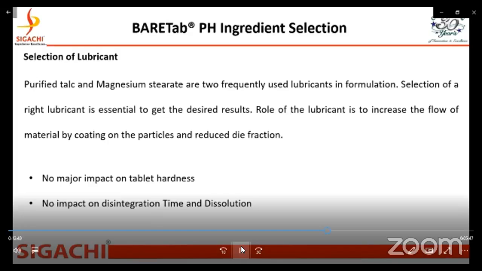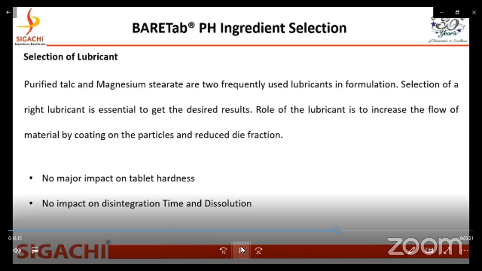Lubricant. Purified talc and magnesium stearate are two frequently used lubricants in formulation. Selection of the right lubricant is essential to get desired results. The role of lubricant is very critical, and using a sufficient amount in formulation is very important.